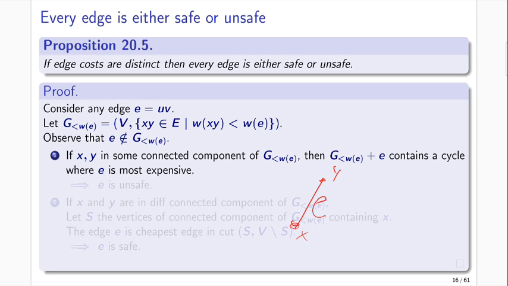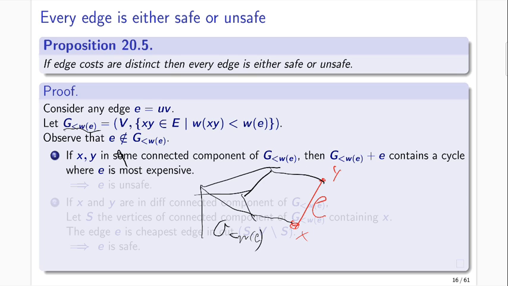If x and y are in the same connected component, notice that this graph is not necessarily a tree, but it's a graph. The important thing is that if x and y are in the same connected component of the graph with weights smaller than w of e, then there is a path in this graph between x and y.